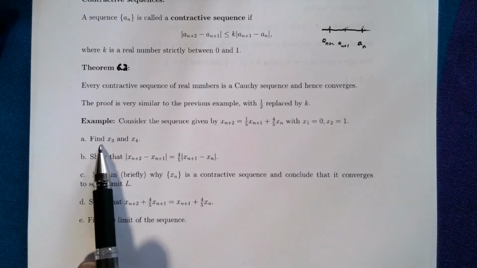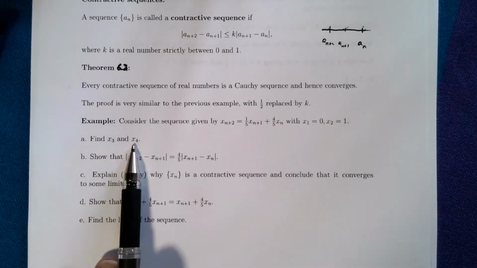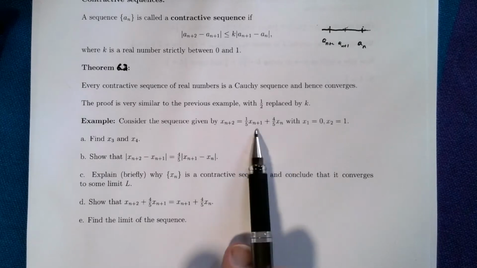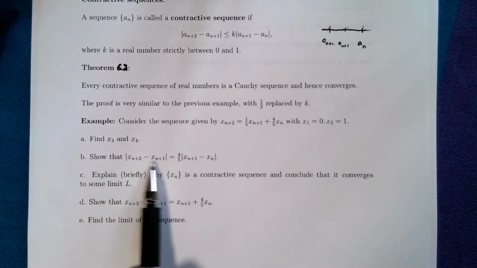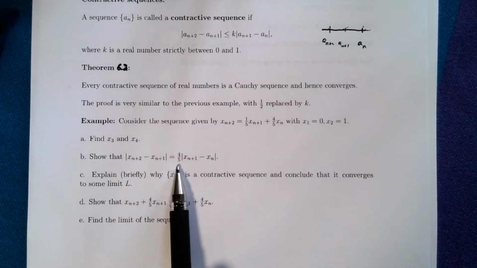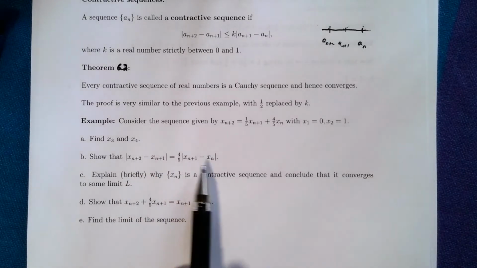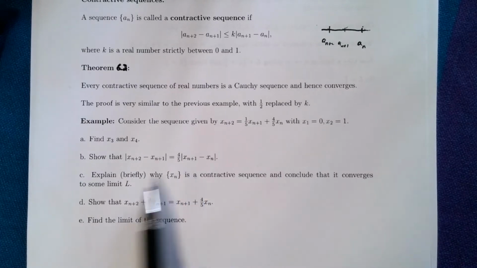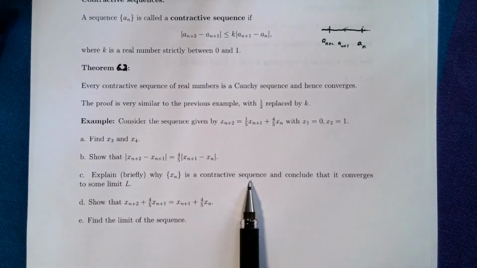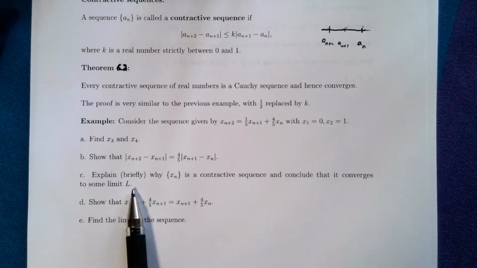We're then asked to find the next two terms in the sequence. That's easy, we just use the recurrence. We're then going to show that the difference between these two terms is 4/5 the difference between the two terms further down, and so that will then mean it's a contractive sequence, therefore converges.